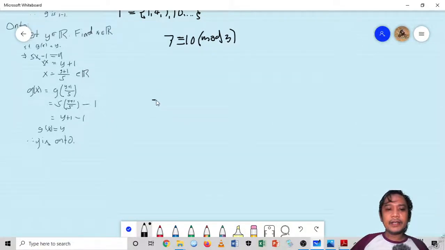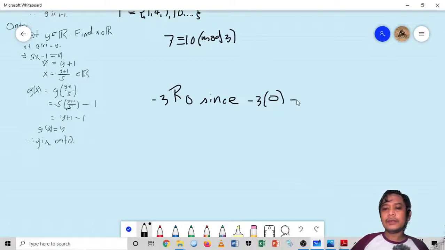Again, negative 3 is related to 0. Why? Since negative 3 times 0 is equal to 0. Okay?